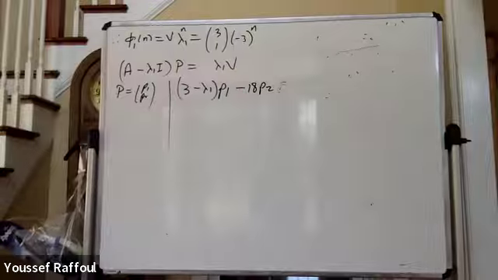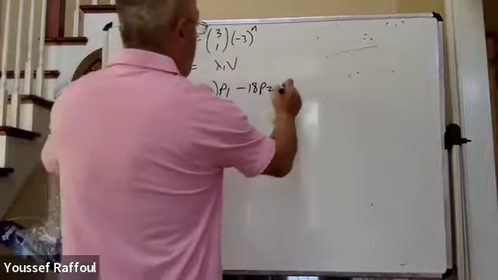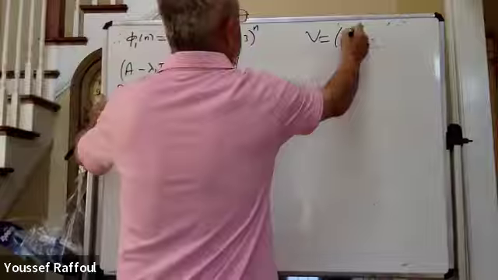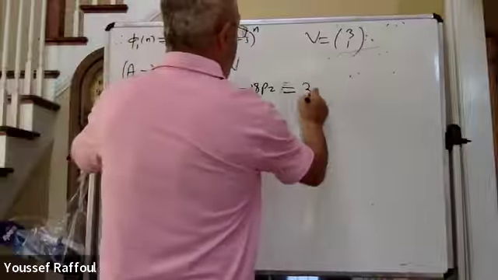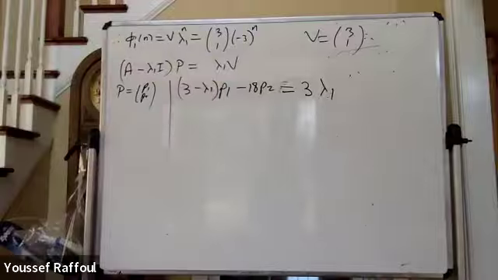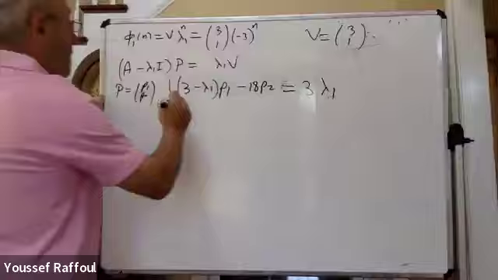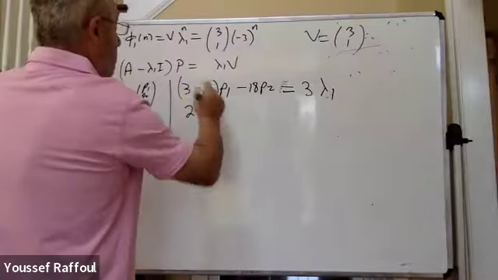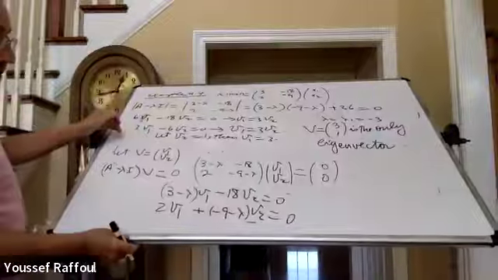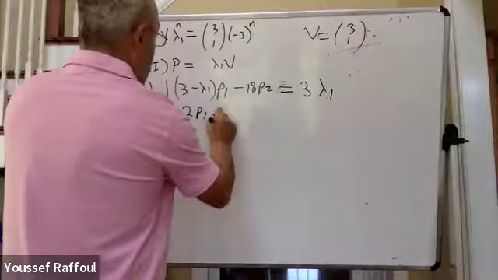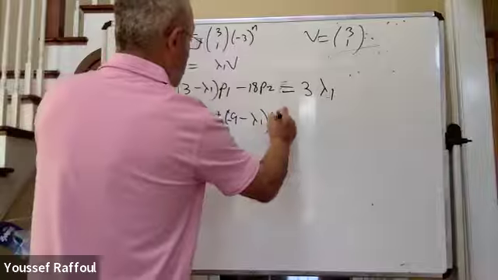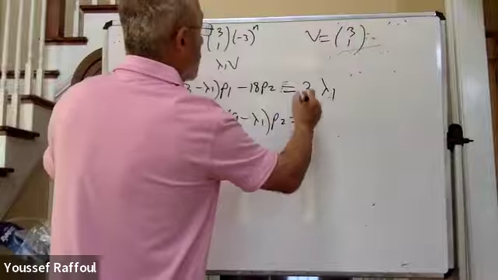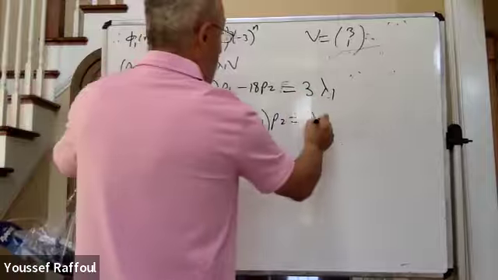This one is equal to, remember V is 3, 1, is equal to 3 lambda 1, and 2 P1 plus minus 9 minus lambda 1 P2 equal to lambda 1.